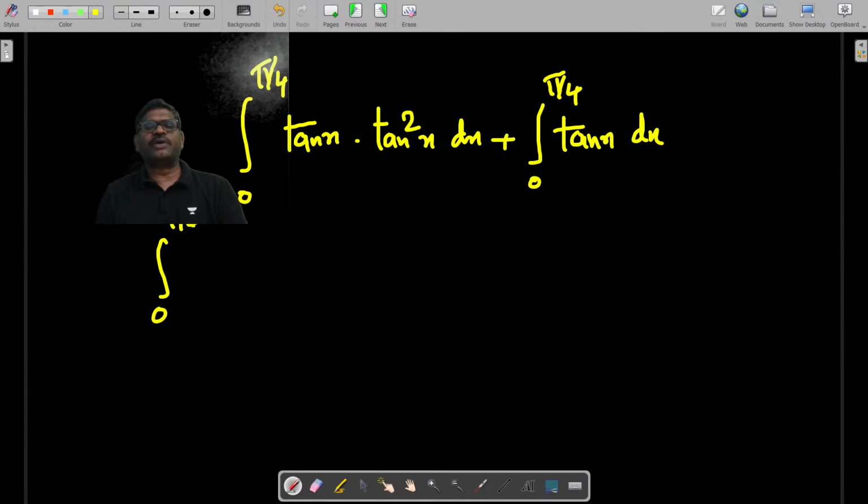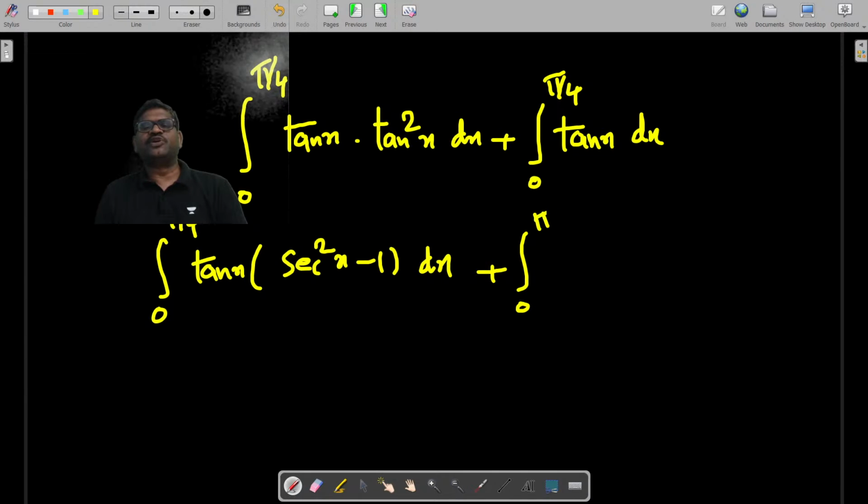Tan square x is nothing but secant square x minus 1, so we get the integral from 0 to pi by 4 of tan x into (secant square x minus 1) dx, plus the integral from 0 to pi by 4 of tan x dx.